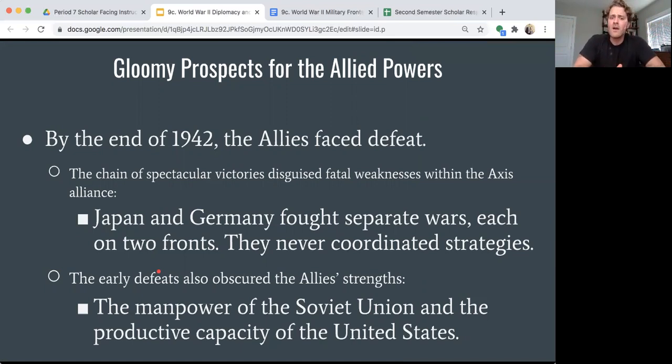Additionally, these defeats obscure the Allies' strengths that are going to play out over the longer run. The two strengths that Germany and Japan can't keep up with are the manpower of the Soviet Union, which has almost endless supplies of men to just throw into battle because their population is so large. And the second is the productive capacity of the United States.